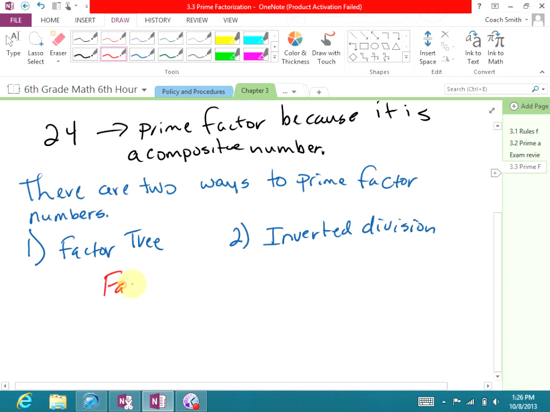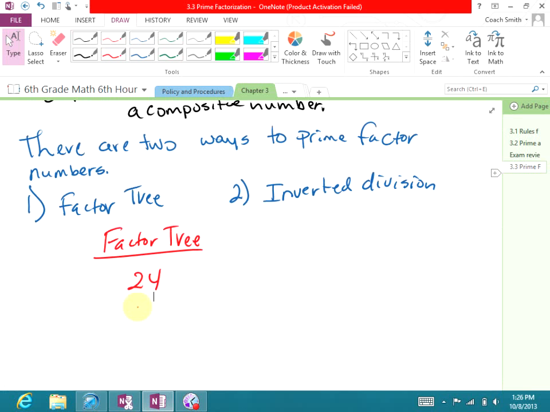Let's do the factor tree for the number 24. I need two factors that when you multiply them together give me 24. 6 and 4.